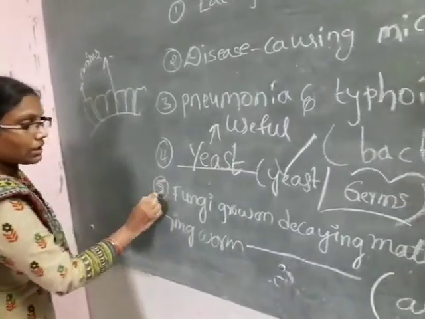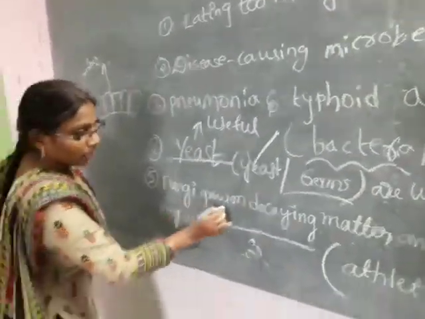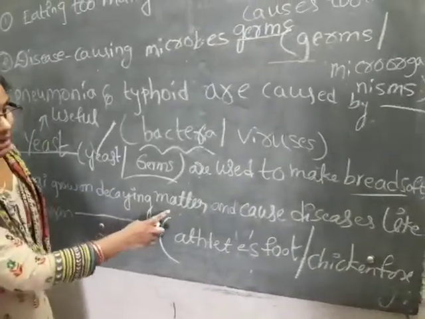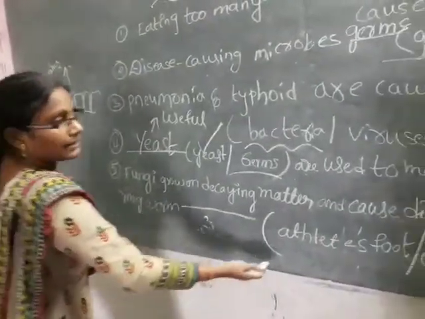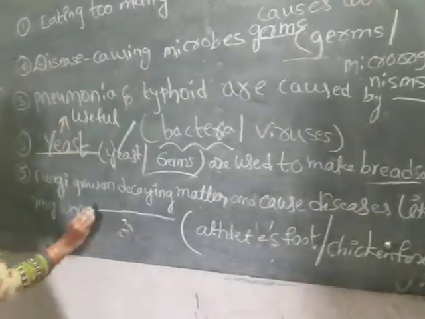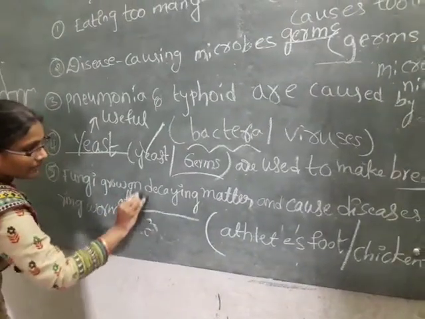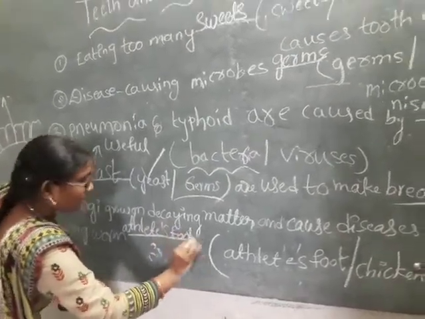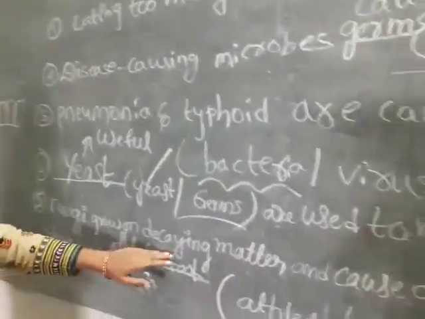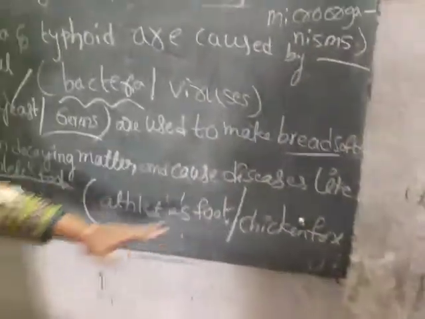Next, fifth one. Fungi grow on decaying matter and cause diseases like ringworm and athlete's foot.